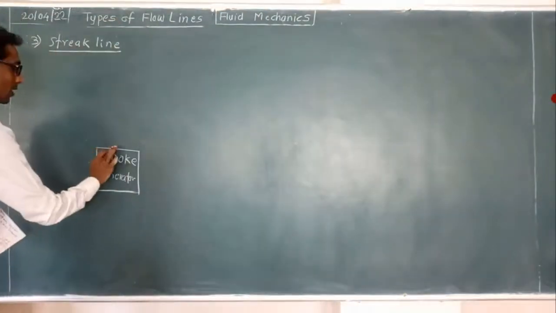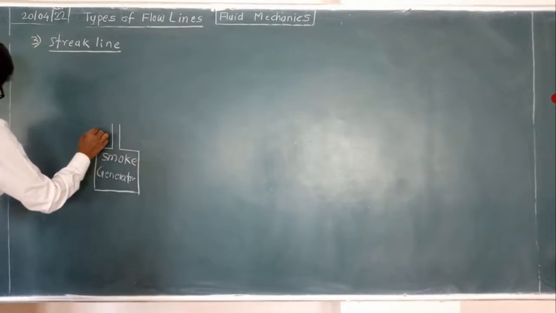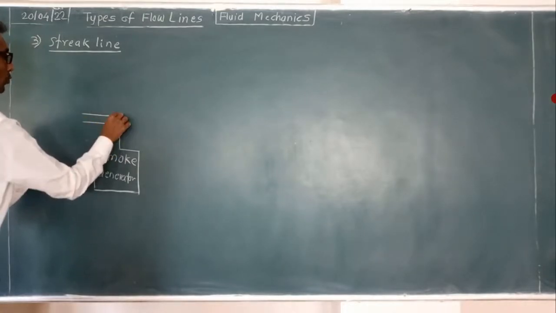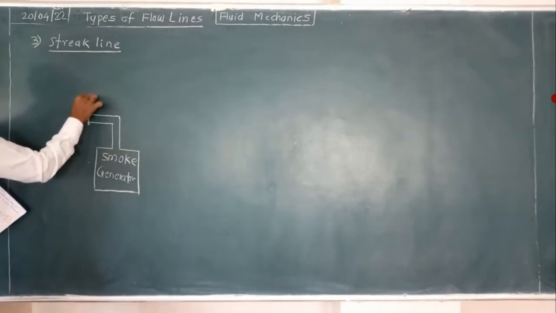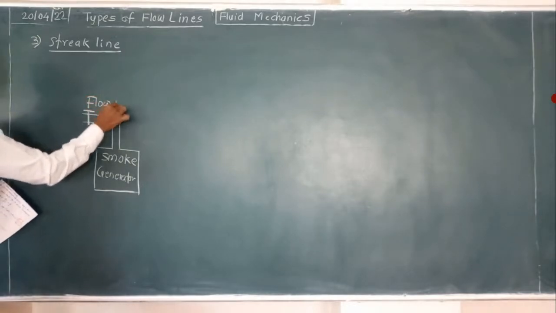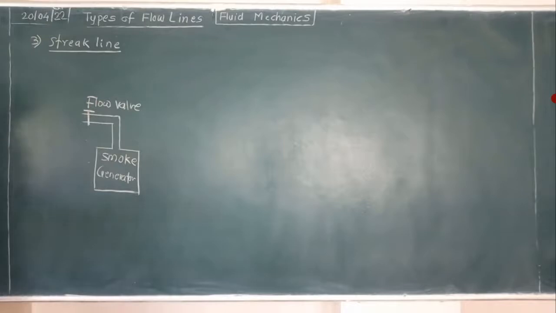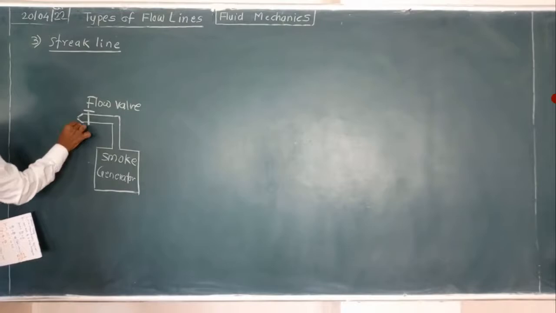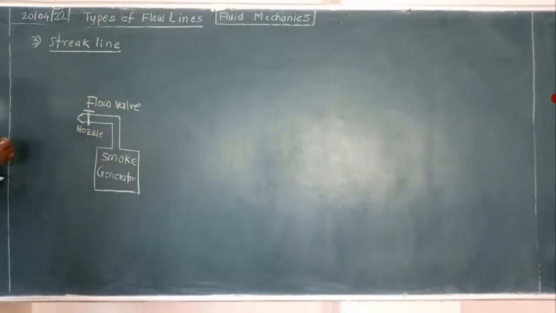So this is a smoke generator, and here the pipe is attached. This pipe is given a bend in this way. Here the flow control valve is there to regulate the flow, and here a very small hole like this, you say a nozzle. Why?